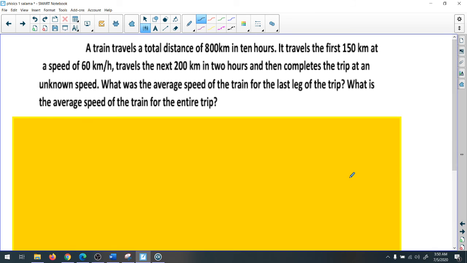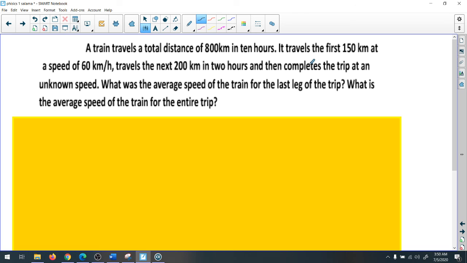All right. I'll give you this question to think about. A train travels a total distance of 800 kilometers in 10 hours. Remember to put it down as the total distance.